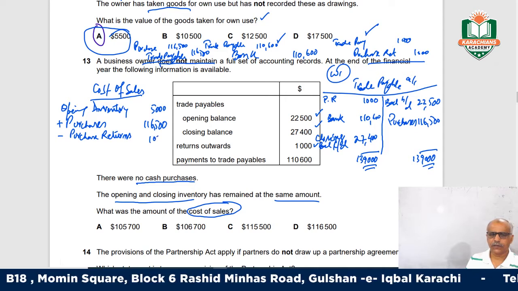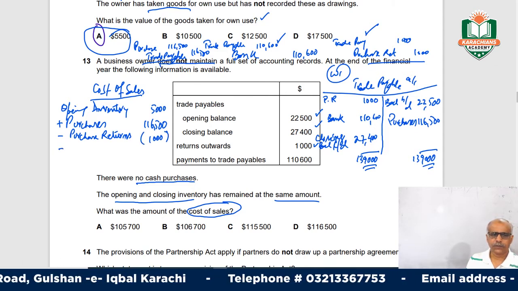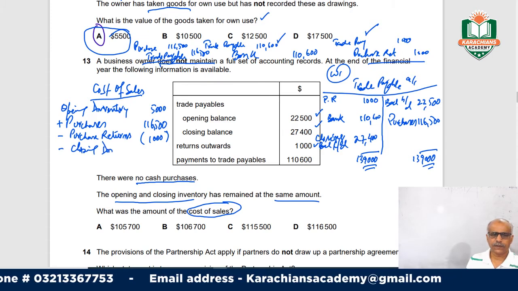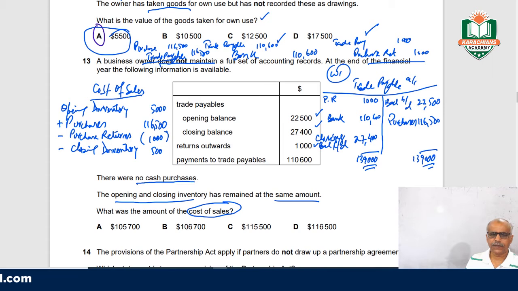Purchase returns are 1,000, and then you deduct closing inventory. Your closing inventory will be 5,000. So this will be deducted, and this will be added.